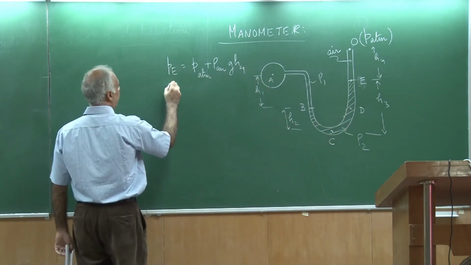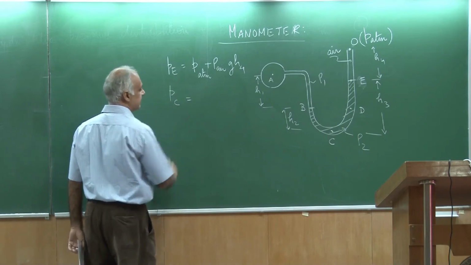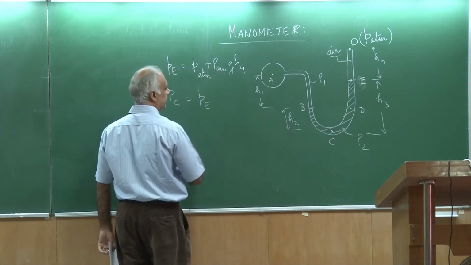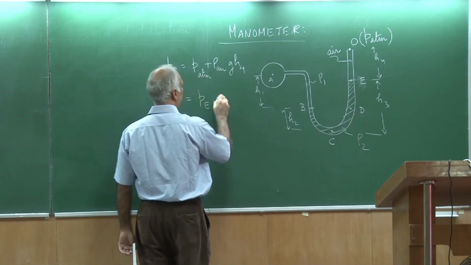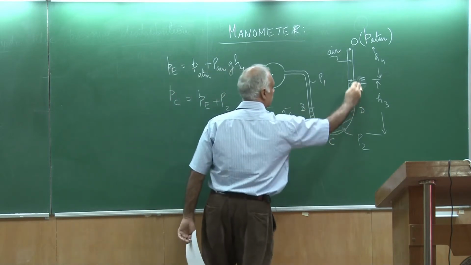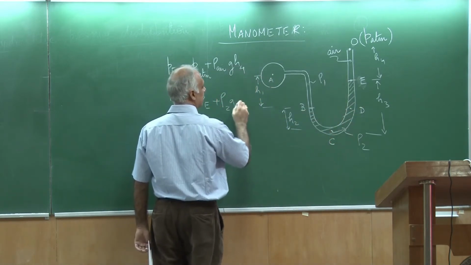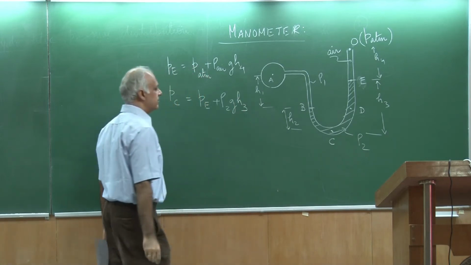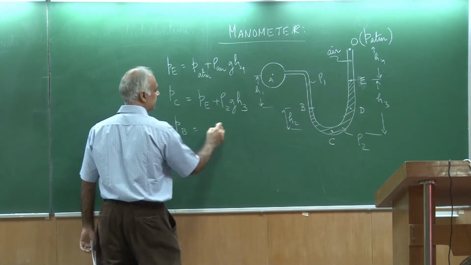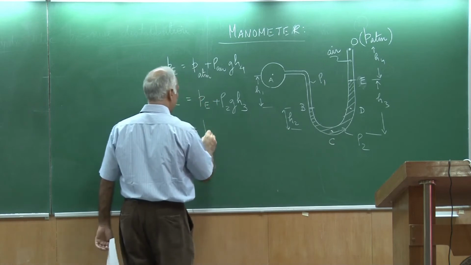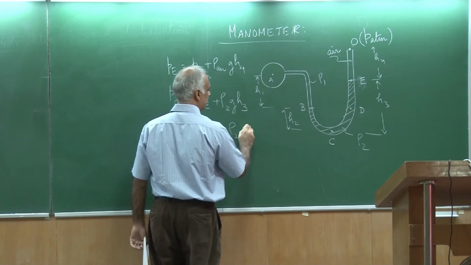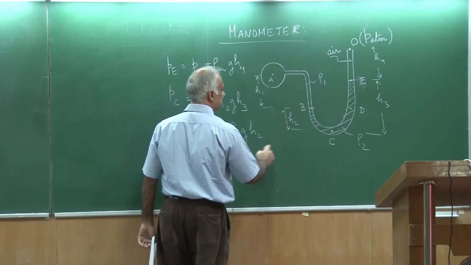Okay. I can also write down the pressure at point C. The pressure at point C could be written in terms of the pressure at point E, plus rho 2, this fluid is 2, times G times H3. I can write down the pressure at B as the pressure at point C minus rho 2 G H2.